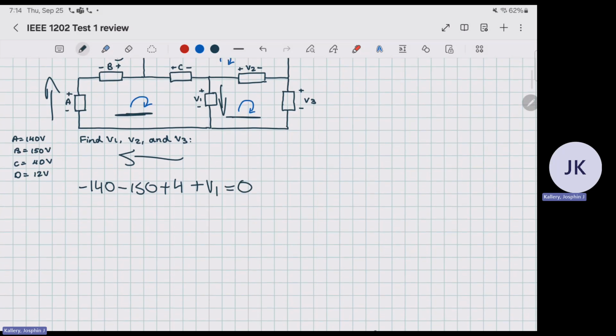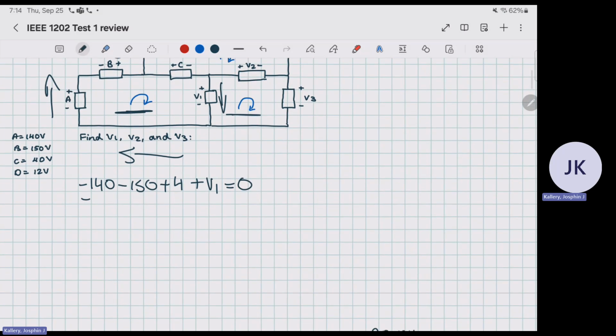And then we would get negative 250 plus V1 equals 0. Then we can move this to the left side by adding 250 on both sides. And then V1 equals 250.